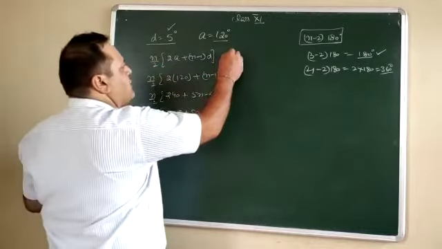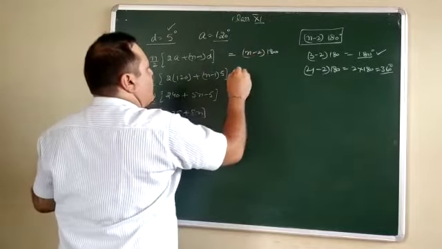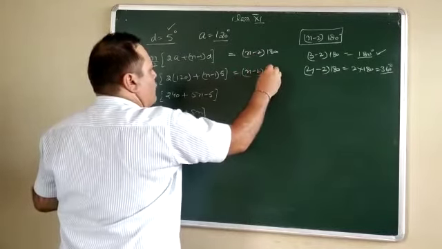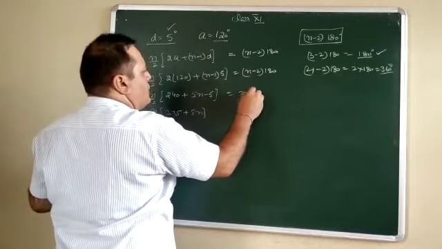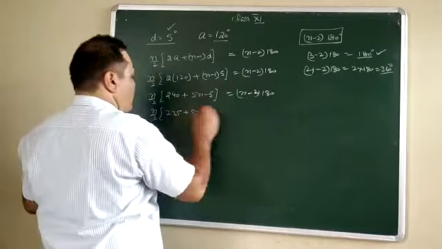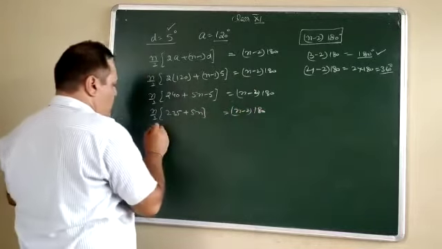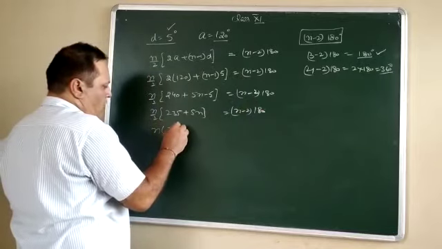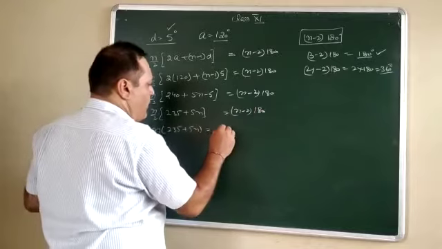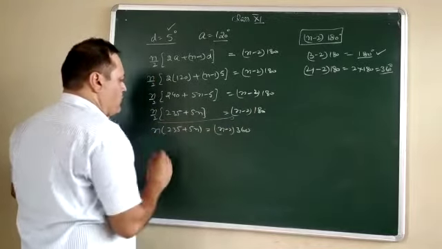So these two must be equal. Now to simplify, we will cross multiply and make the equation. n into 235 plus 5n is equal to n minus 2 into 360. This 2 should be multiplied.